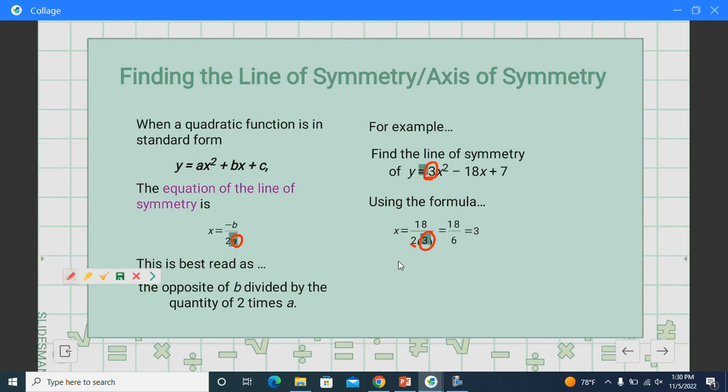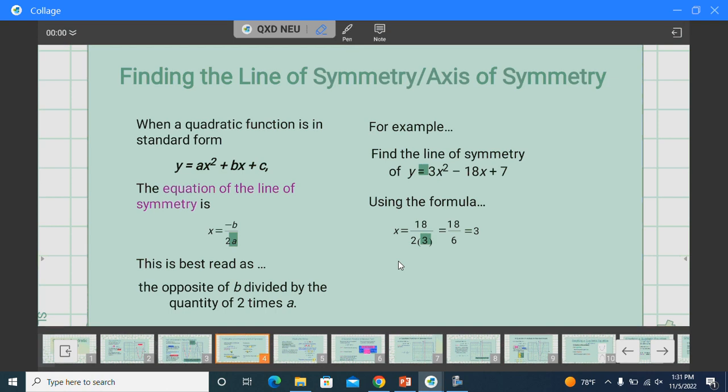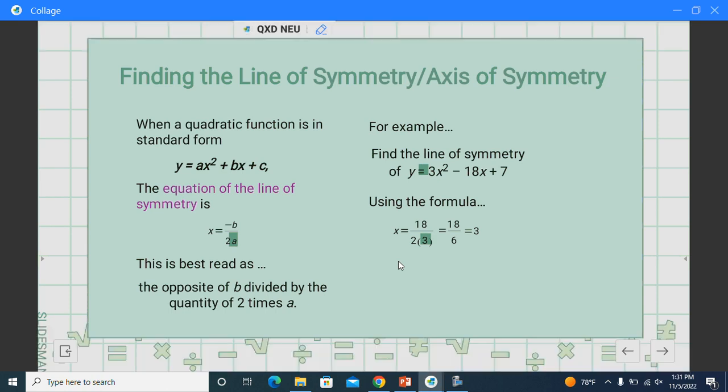Let us now solve the problem. That is 18 divided by 6, which is equal to 3. So the line of symmetry is x is equal to 3.